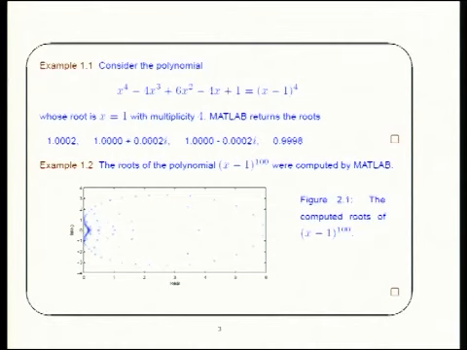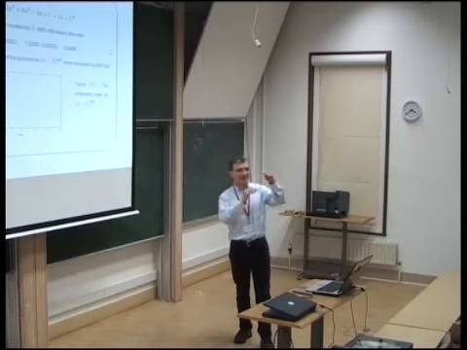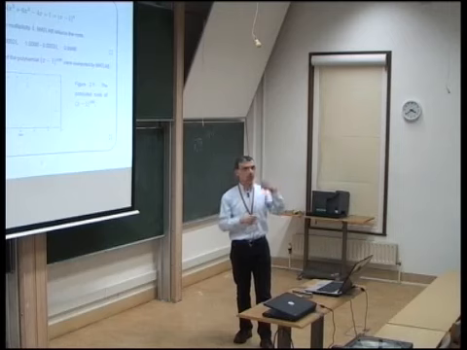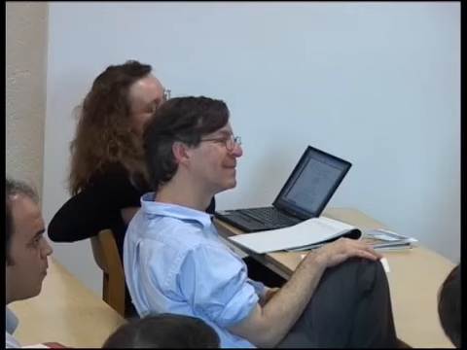Just a quick question. How do you pass it to MATLAB? Do you pass it in power form, or as a subroutine? What you do is take your x minus 1 factor and do repeated convolution through a loop, giving a MATLAB vector of length 101. The roots function in MATLAB has an argument which is a vector.